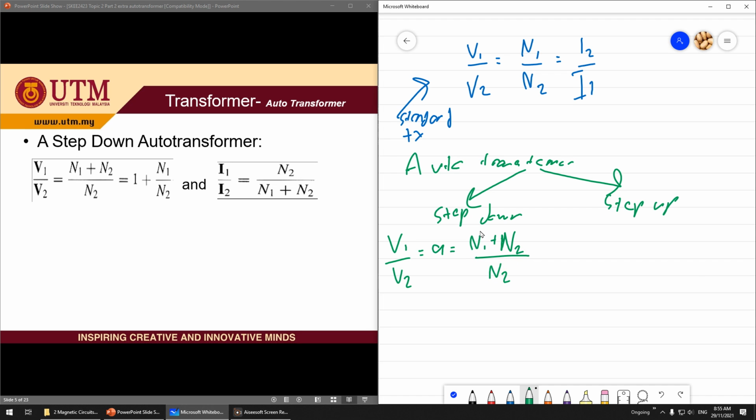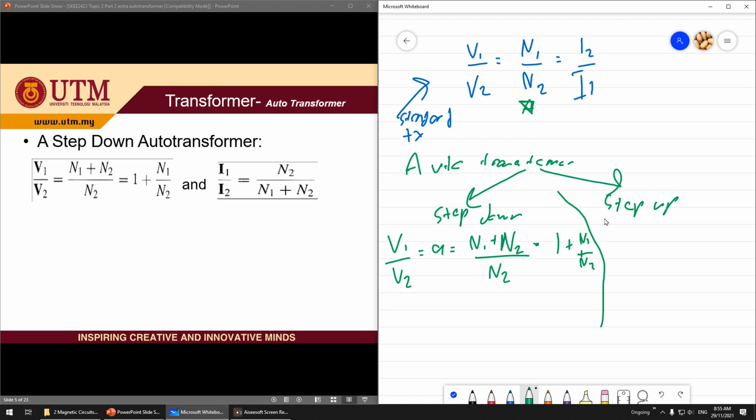So make sure you know that the number of primary winding is N1, and N1 plus N2 divided by N2. This is the difference in the number of winding. And if you simplify this, it just becomes 1 plus N1 divided by N2. This is for step down.